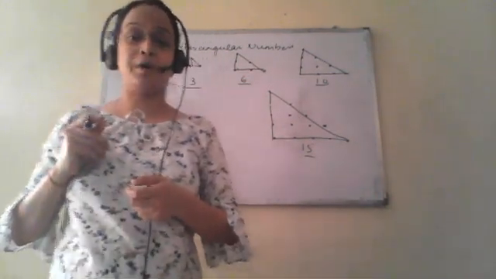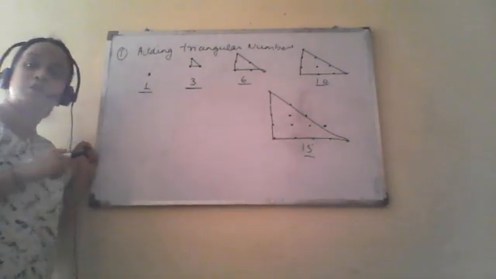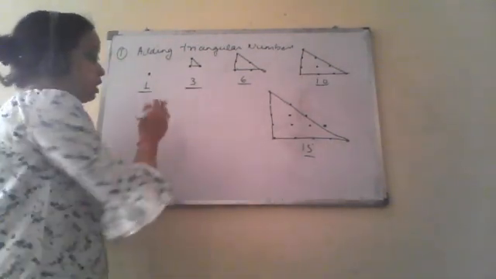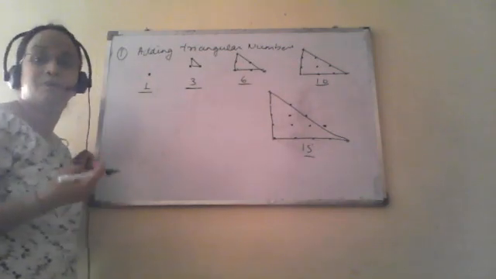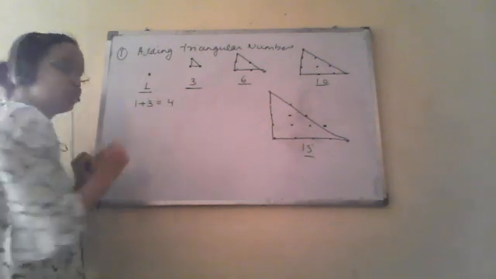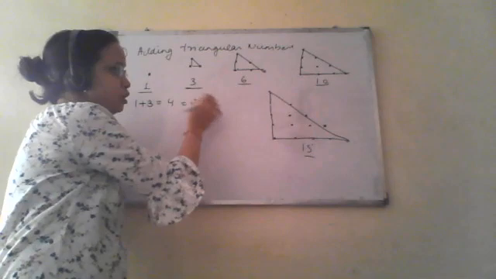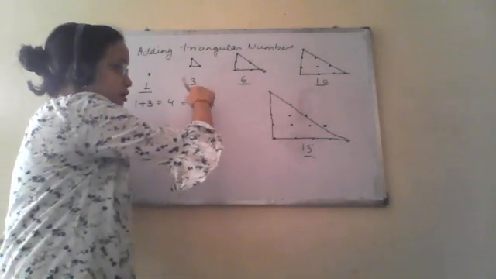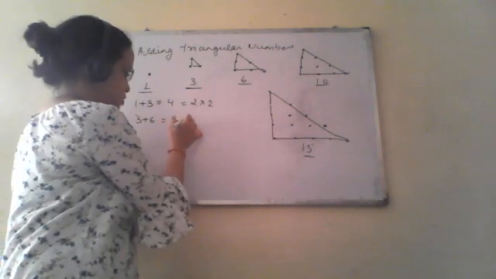What is the property? If we add two consecutive triangular numbers, consecutive meaning one after another, the resulting number will be a perfect square. See, this 1 plus 3 is 4. 4 is a perfect square number as it can be expressed as 2 into 2. Now if you add 3 and 6, this is 9.